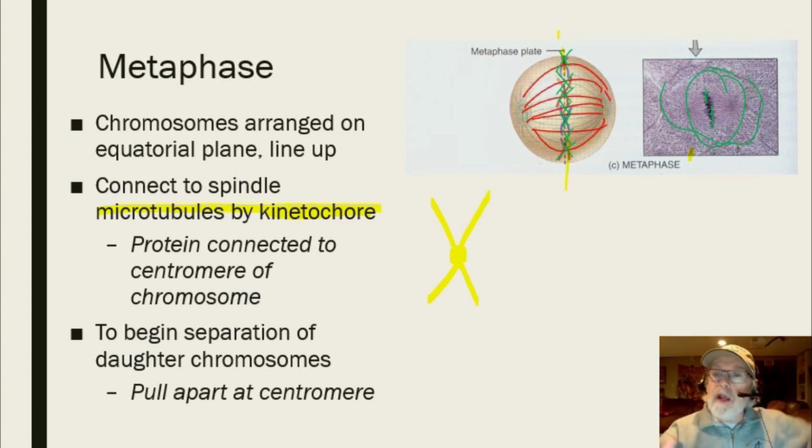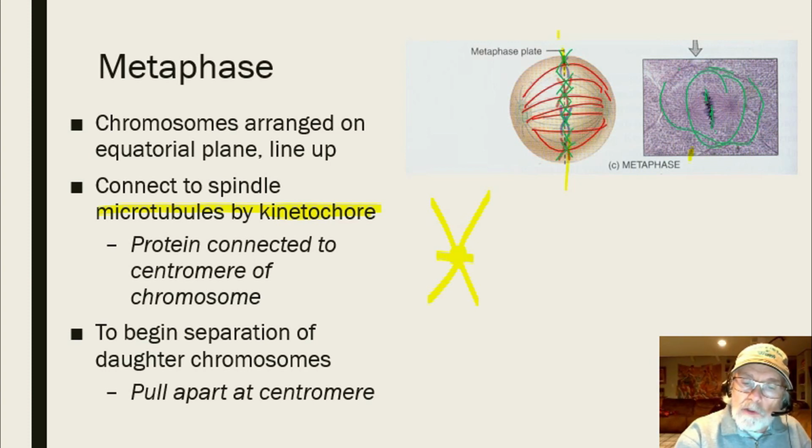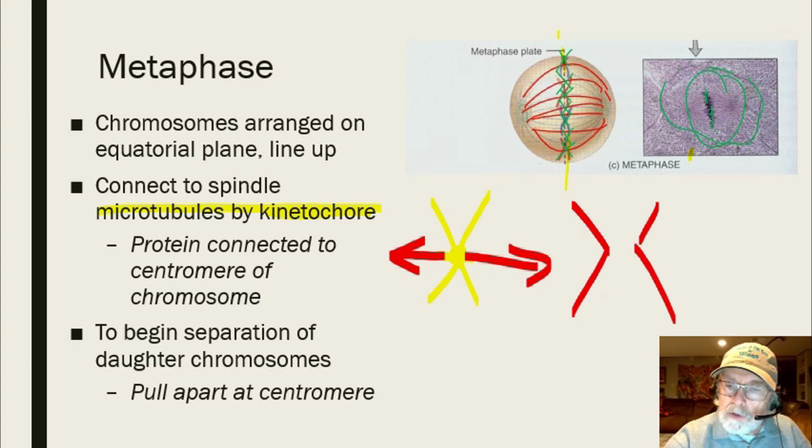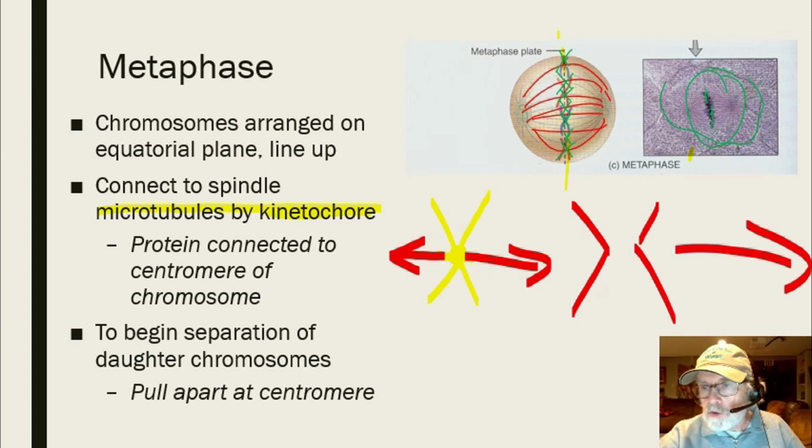With the centromere of the chromosome attached to the kinetochore, one fiber is going to pull this way and the other is going to pull that way, and eventually I'm going to end up with two sister chromatids going in opposite directions. This one gets pulled towards this pole, and this one gets pulled towards that pole.